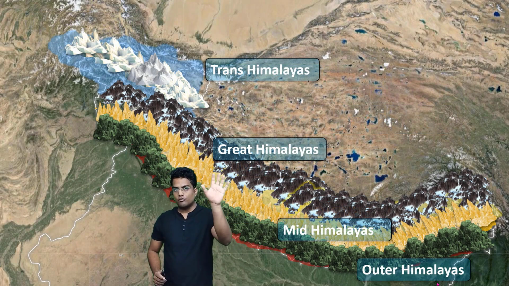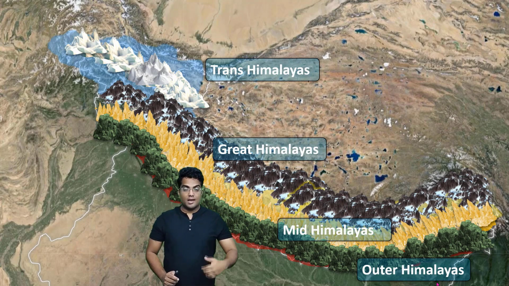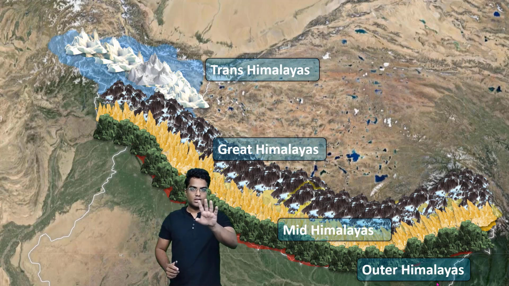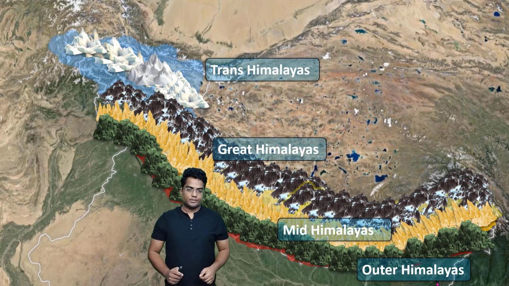At the very north, we have the Trans-Himalayas. Then we have the Great Himalayas, the Mid-Himalayas, and at the last the Outer Himalayas. There is something called the Northeastern Himalayas also, but we will deal with that later. Essentially, these are the 4 important ones.